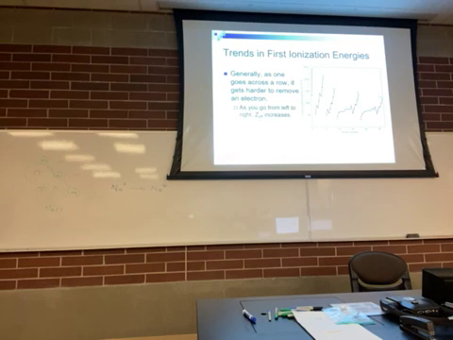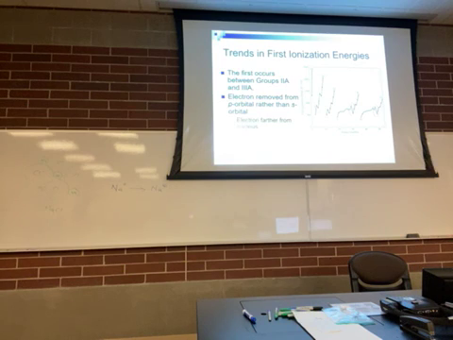So again, you can see those trends, those anomalies, if you will, all across the periodic table. All we're talking about is the movement of the electron, how much it really costs in energy to remove an electron from an atom. And that trend is pretty consistent across the board.